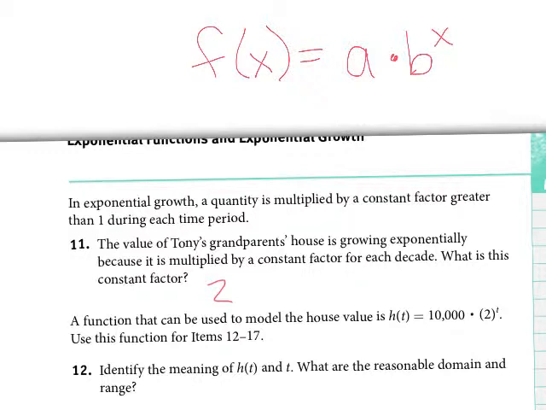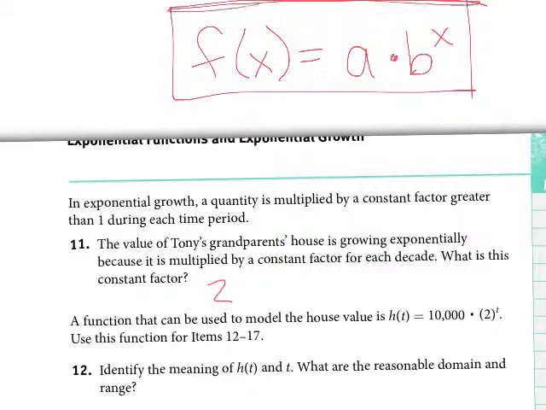Okay, that is the important part. We will unpack and look at exactly what that is. So at that box at the bottom of the previous page, go ahead and highlight that little part. f of x equals a times b to the x power, because every single exponential function will look this way.